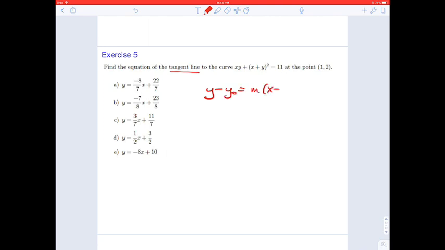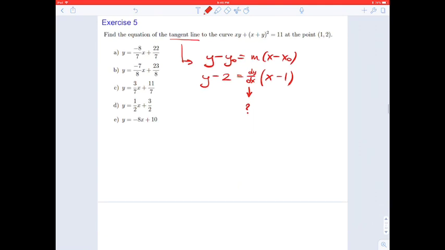Point slope form of the equation of the tangent line: the point is given, y minus 2 equals the slope, dy/dx, the derivative at the given point, times x minus 1. This means the only thing I have to do is compute dy/dx at the point (1, 2).